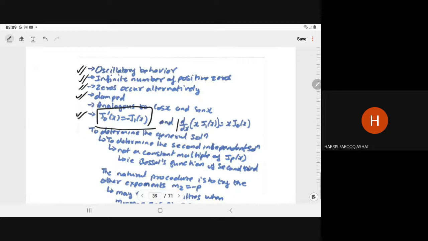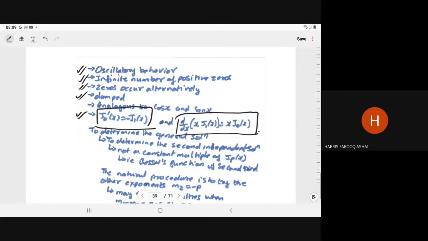So as we have the relation between cos x and sin x for the derivative, a similar type of relation we have for J0 and J1 also. Now, till now we have computed only one solution, Jp, for the Bessel equation. Now for the other solution, what is the easiest approach?